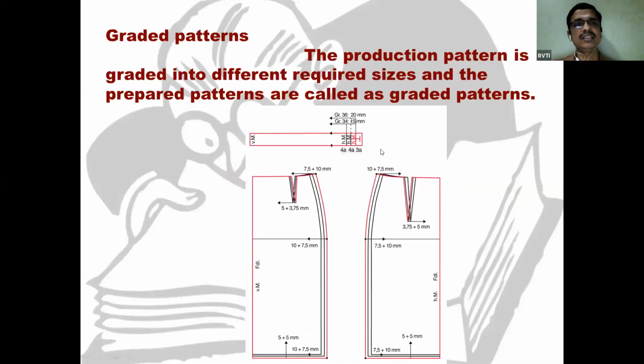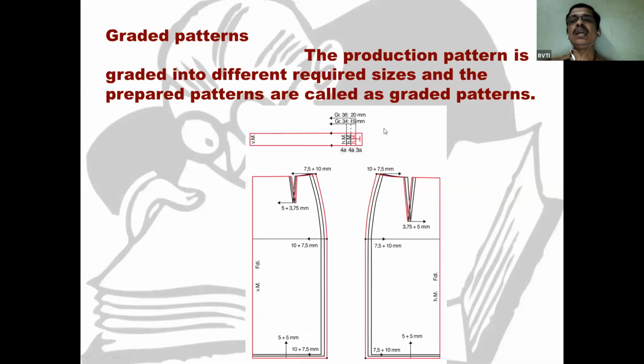Okay. And graded pattern means, after the production pattern, it's graded. For the production pattern, normally they prepare one size only. Then we have to prepare M size, L size, XL size, like that. If we're preparing M size, we have to prepare L and XL. So with the help of grading, we are preparing.